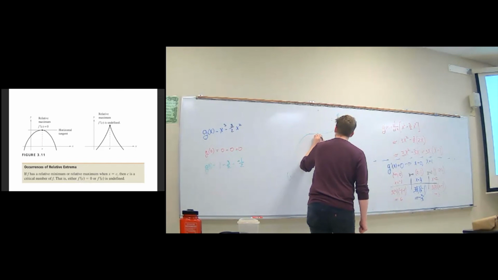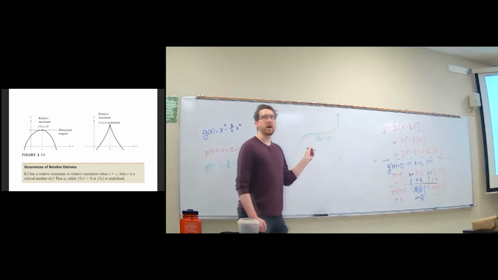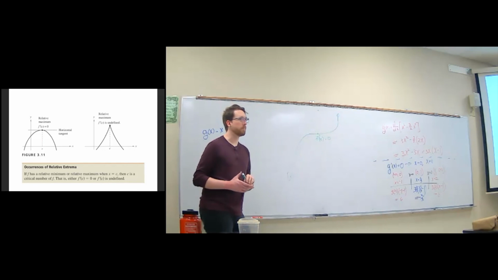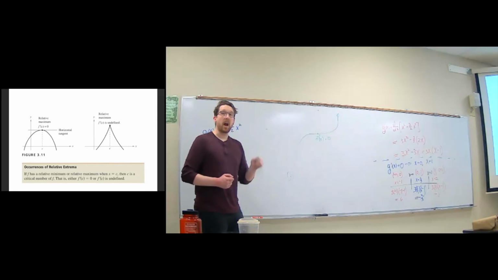The derivative of our function here is 0, but it's not a relative extreme. So just because you have a critical number doesn't mean that critical number is a relative extremum. But every relative extremum will be associated with a critical number. Cool.